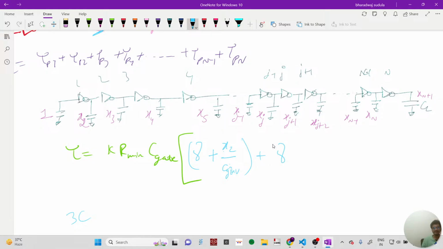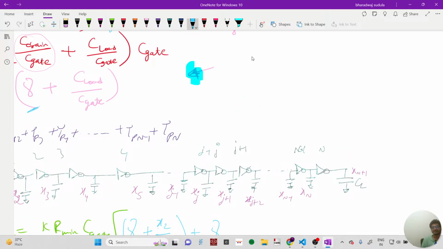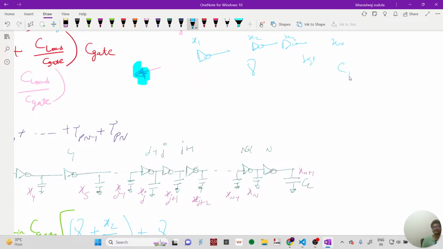And gamma for every inverter doesn't change, because you may say that this gate is sized by x1, this gate by x2, this gate by x3, xn, xj. So why does gamma remain the same? See, drain cap over gate cap always remains almost equal to 1.